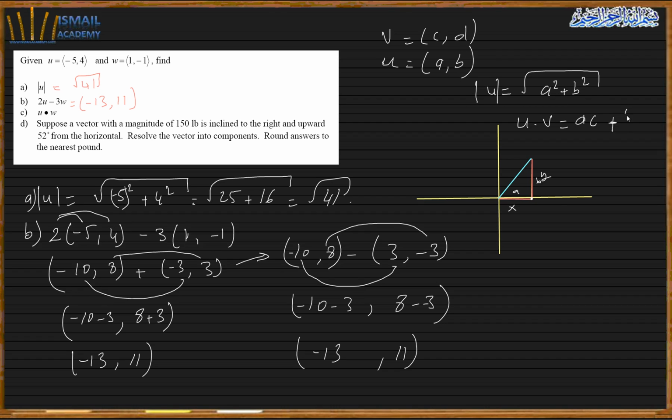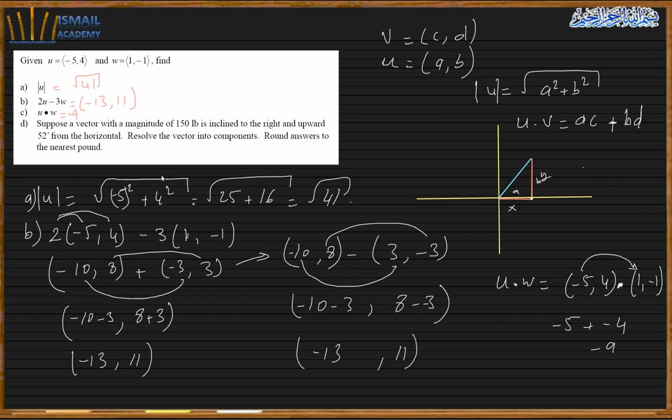So for u dot w, I will have minus 5, 4 dot 1, minus 1. So I do minus 5 times 1, which is minus 5, plus 4 times minus 1 is minus 4, so it's going to be minus 9. So the answer here will be minus 9.